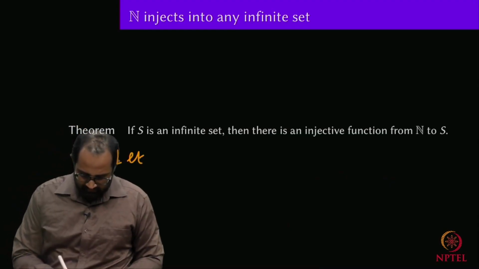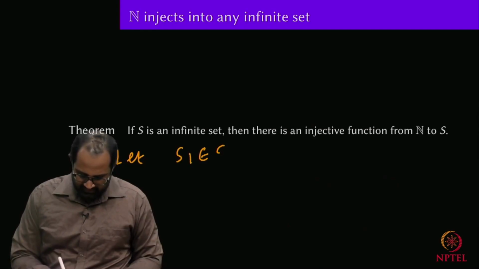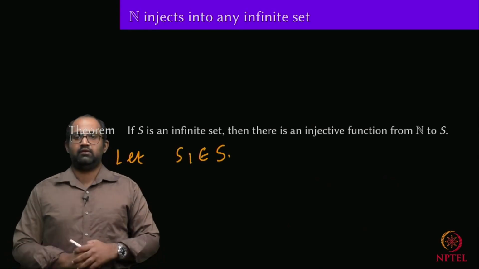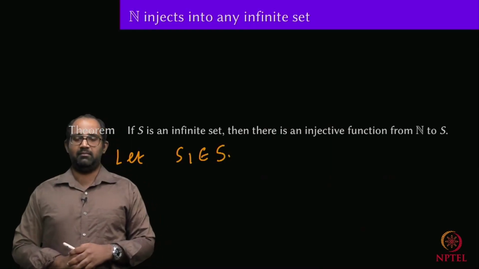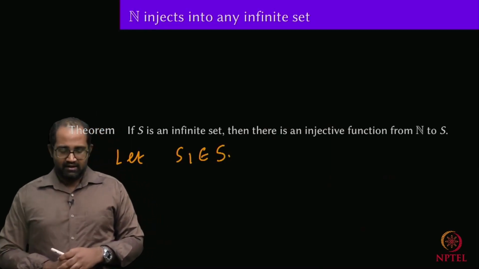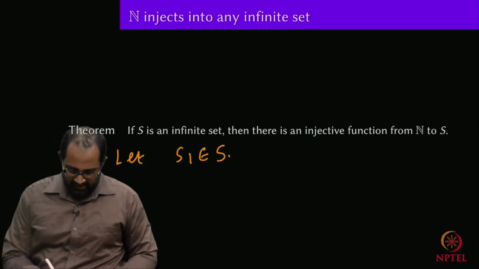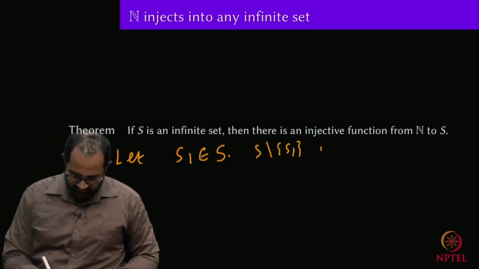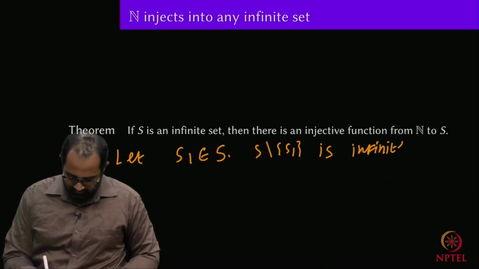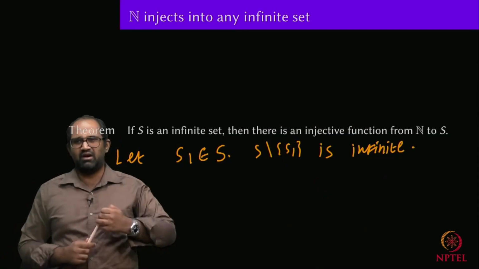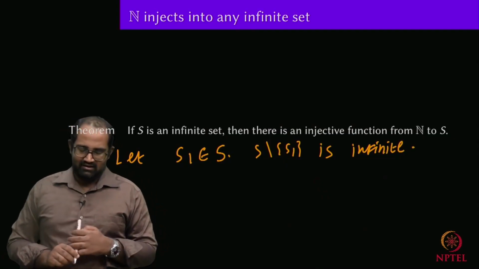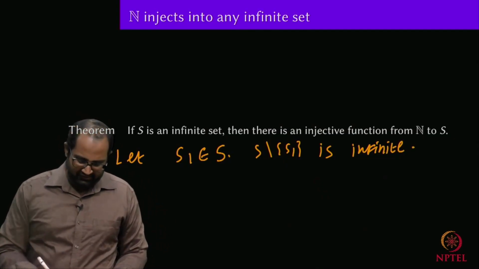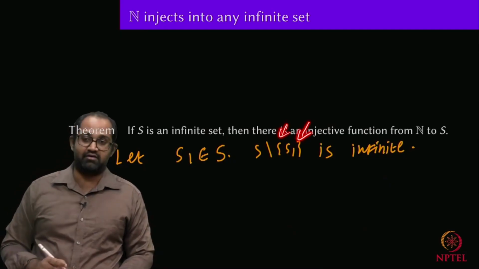What we do is the following. Let S1 be some element in S. Then what we have just shown is that S minus the set with S1 is infinite. By the way, as I have mentioned, when you are removing just one element, sometimes out of laziness I might avoid writing the flower brackets.